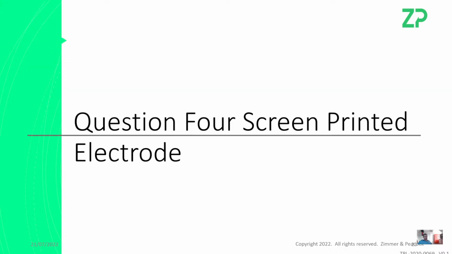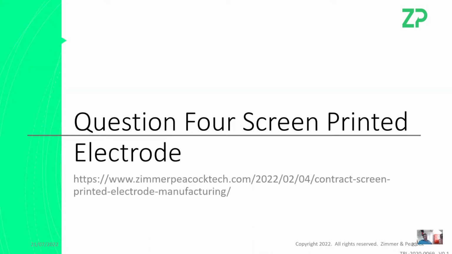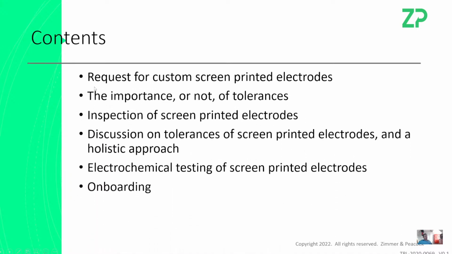People come to us and say, can I have a custom screen printed electrode? We do have a landing page for this. I've put the link underneath the video. There'll often be a request. They'll then talk about tolerances, and I'll discuss here the importance of tolerances. They very rarely talk about inspection criteria.